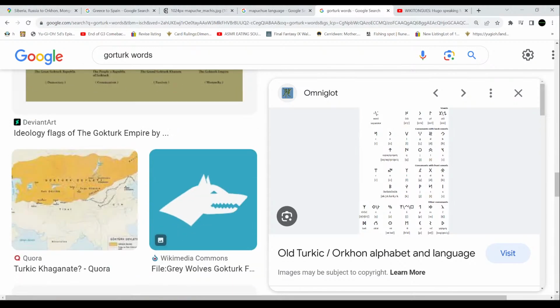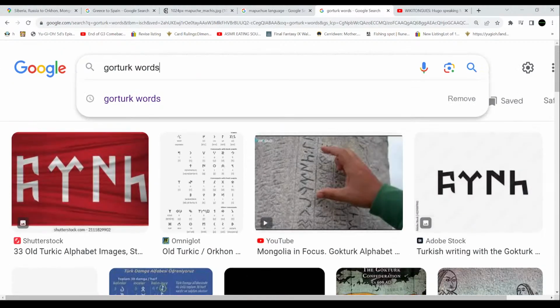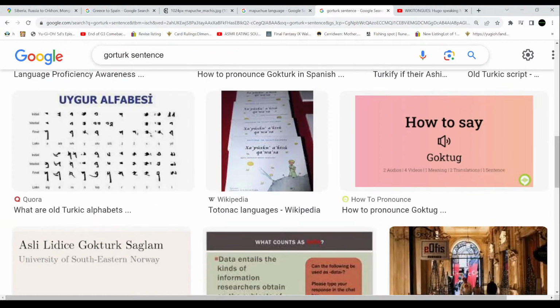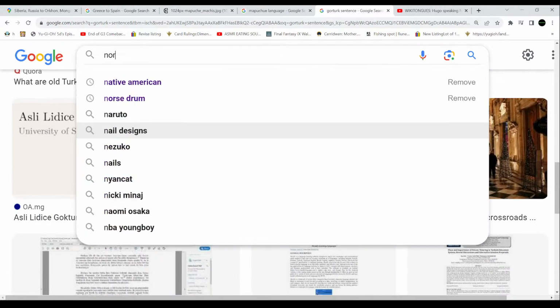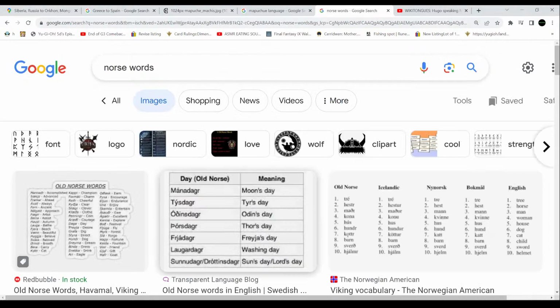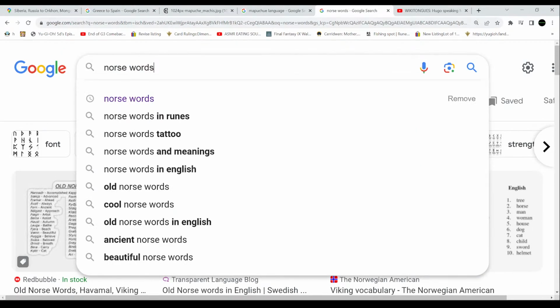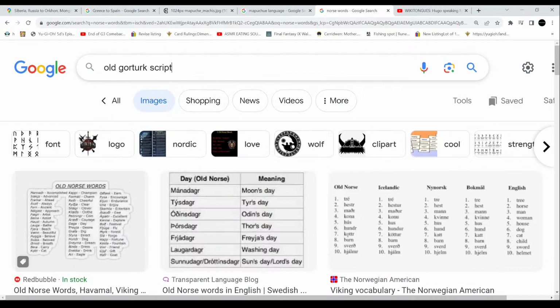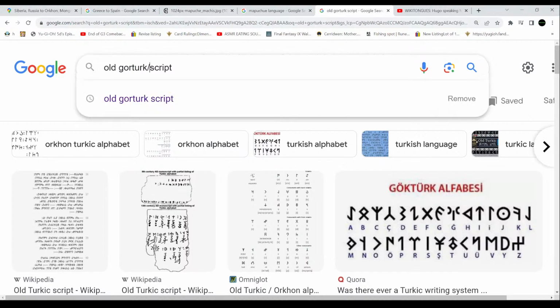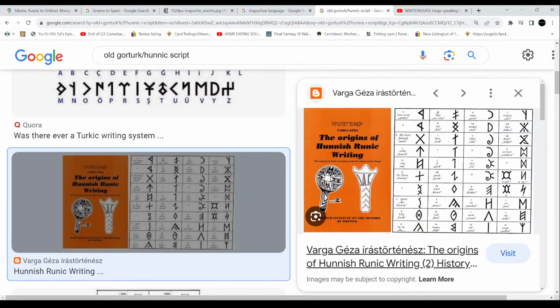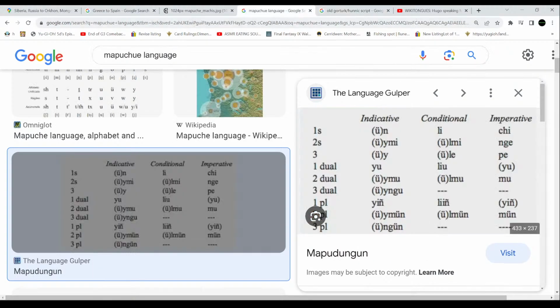Old Hunnic script. Okay, so notice the two little dots here. It's the same with the Mapudungun language. You see?